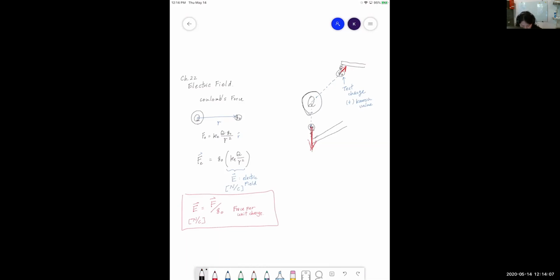So this is actually the positive Q, right? Then what happens? If I put the test charge here, it's going to be pointing in this direction. If I put the test charge here, it's going to be pointing in that direction. All repulsive, right? It depends on where I put it.